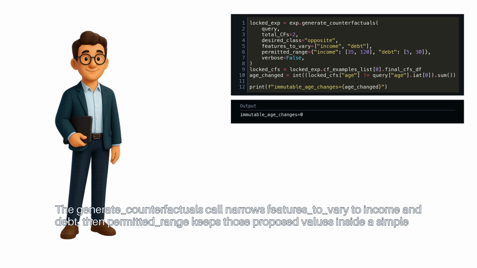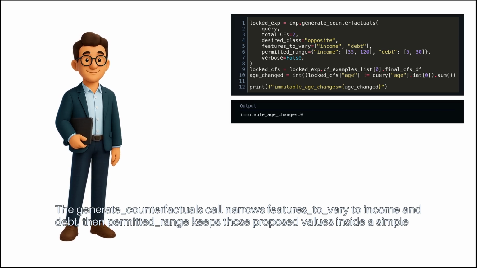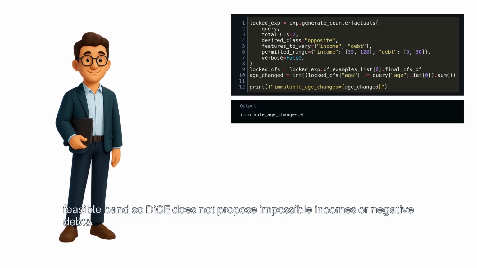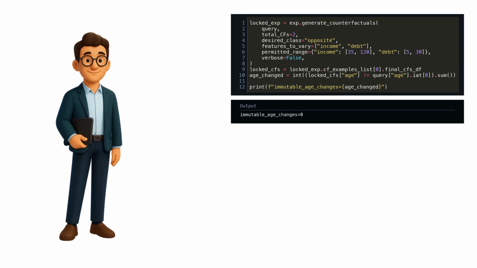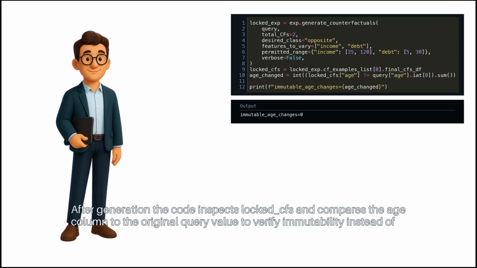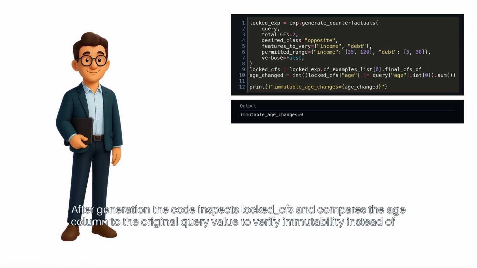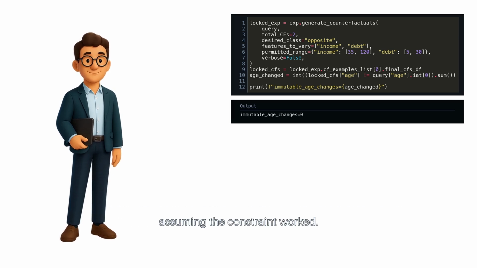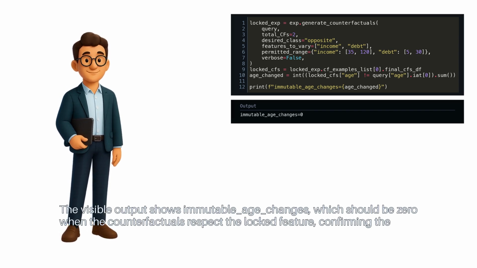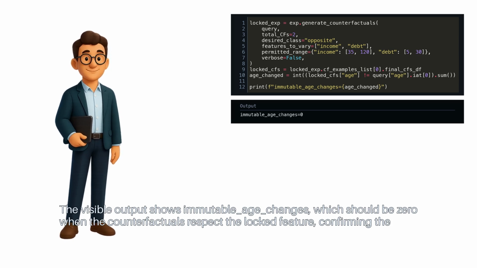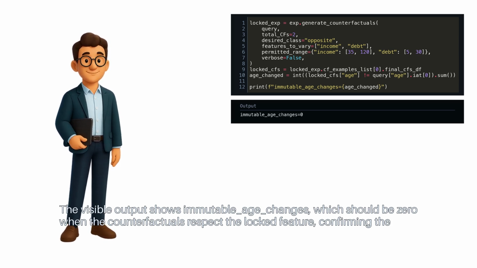Then permitted_range keeps those proposed values inside a simple feasible band, so DiCE does not propose impossible incomes or negative debts. After generation, the code inspects the locked CFs and compares the age column to the original query value to verify immutability instead of assuming the constraint worked. The visible output shows immutable age changes, which should be 0 when the counterfactuals respect the locked feature, confirming the constraint succeeded.